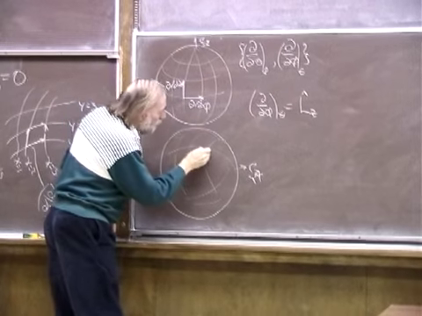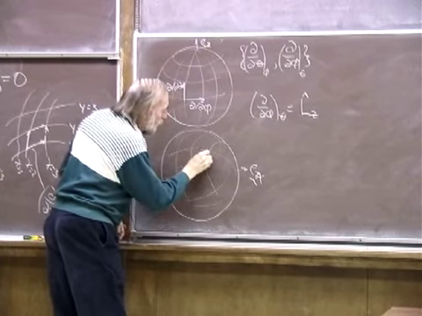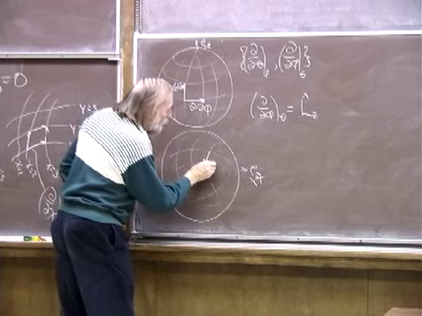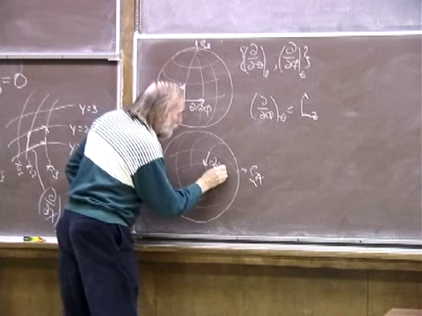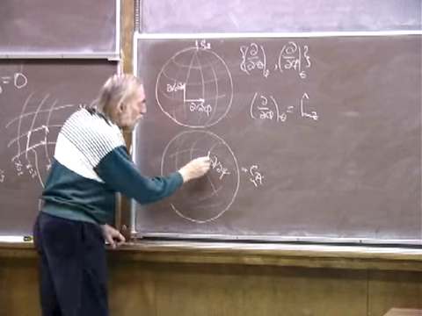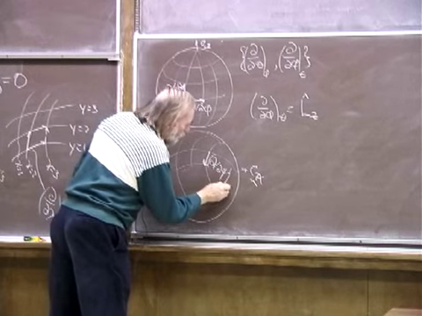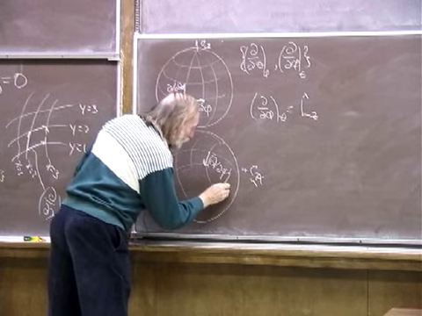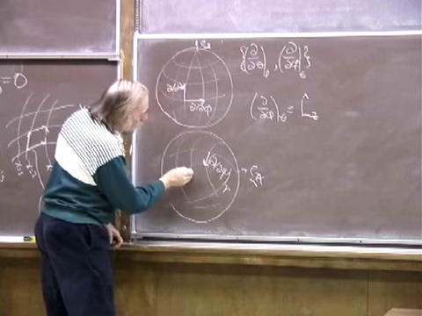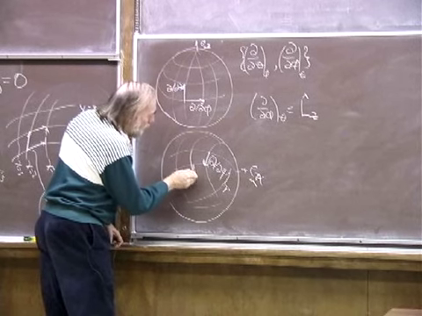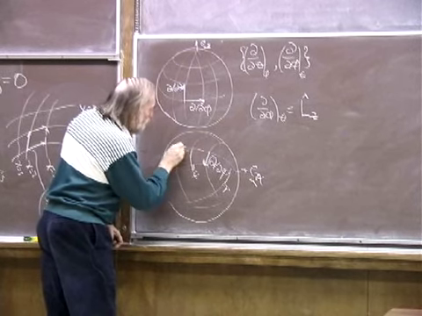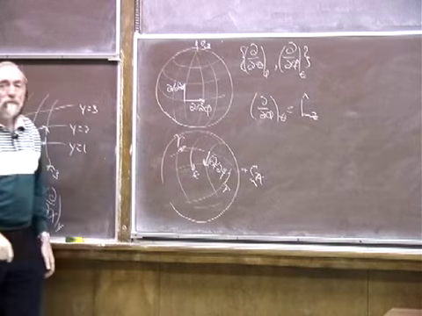And we have here then a basis vector that's the analog of d by d phi. The basis vector is d by d psi at fixed epsilon, where my coordinates now are psi running like this and epsilon running down there.